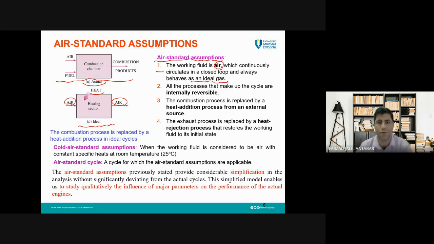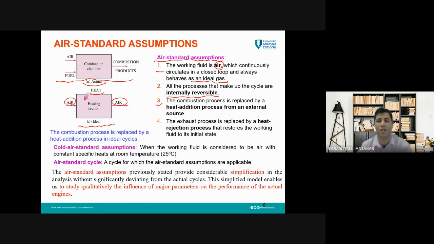This is very important. Two, all the processes that make up the cycle are internally reversible, because, as I told you especially in the previous session, we need to have this assumption. It helps us to draw the graph much more easily.